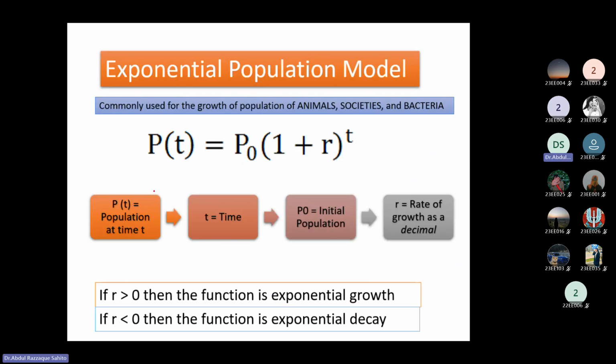Then we considered one population model in which we calculated that the population at time t is equal to the initial population, when the time is considered as 0. If we have a rate at which the population is growing, in terms of a decimal, and we know the time for which the growth is to be known, then the total population can be calculated.